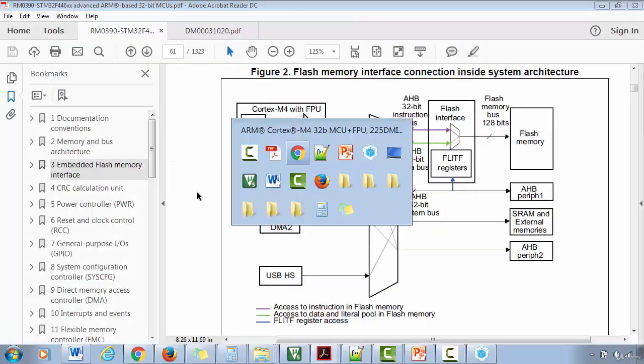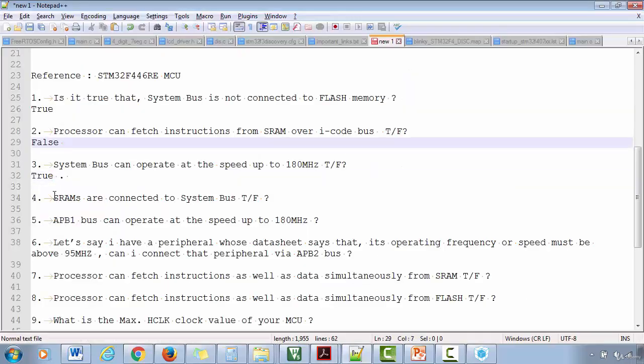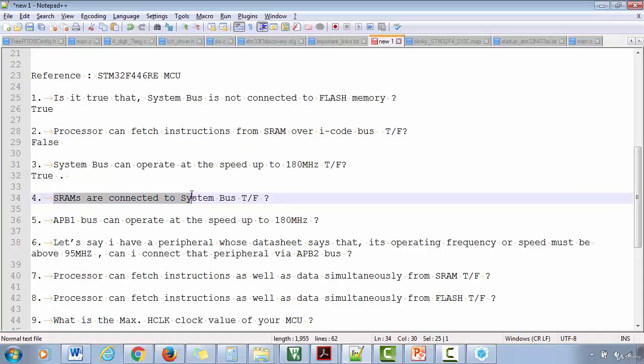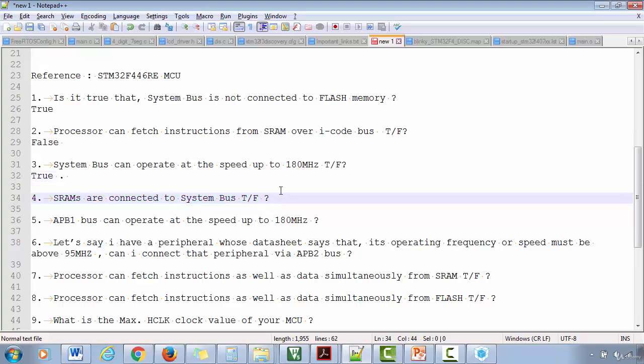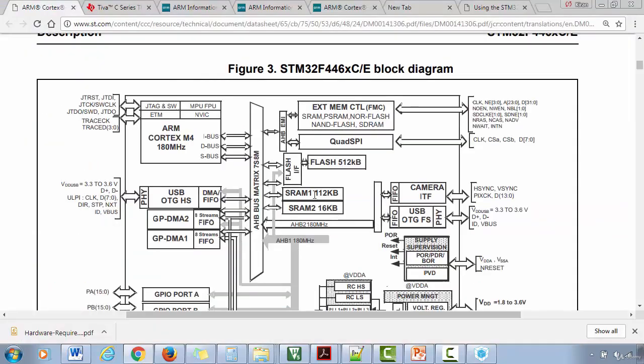That's true. Great. So now, SRAMs are connected to the system bus. True or false? That's correct, right? The SRAMs are actually connected to the system bus over this bus matrix. Don't worry, I will explain the bus matrix later in the next lecture.